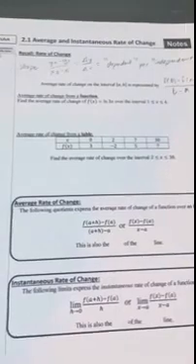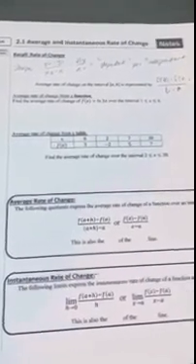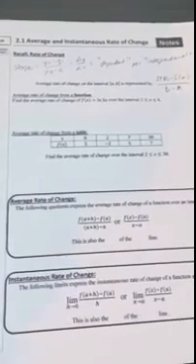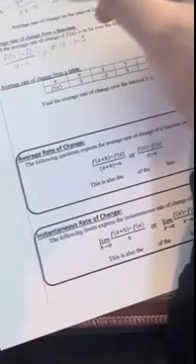Average rate of change from a function. Find the average rate of change of f of x equals the natural log of 3x over the interval 1 is less than or equal to x, which is less than or equal to 4. So to find this, we do f of 4 minus f of 1 over 4 minus 1, which is the natural log of 12 minus the natural log of 3, because you plug in 4 into the equation and then get 12 and 3, over 4 minus 1.